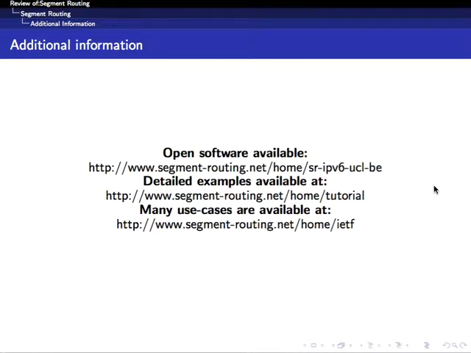There is additional information. It's open source software available at the following URLs. They have many examples through the tutorials, and many use cases that can be reviewed, which are presented to or being collaborated on with the IETF working group.